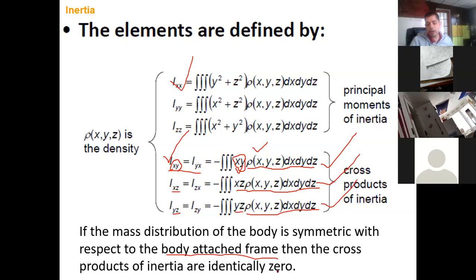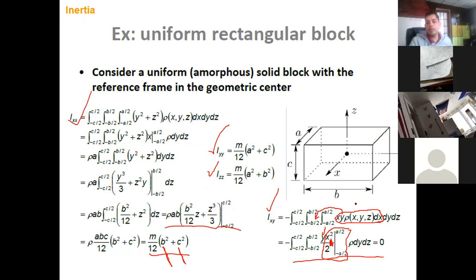And that's what we found here, because this is the body attached frame. It is symmetric with respect to x, meaning this coordinate frame divides the x in half, y in half, and g in half.